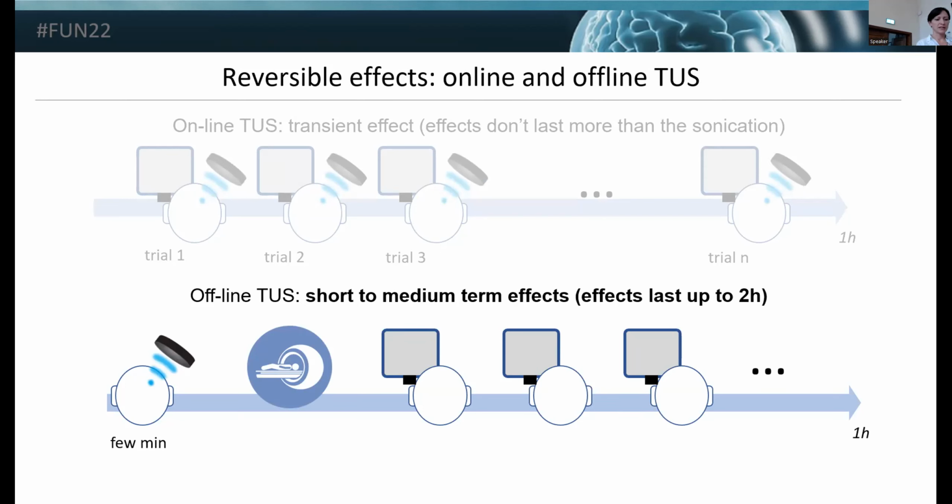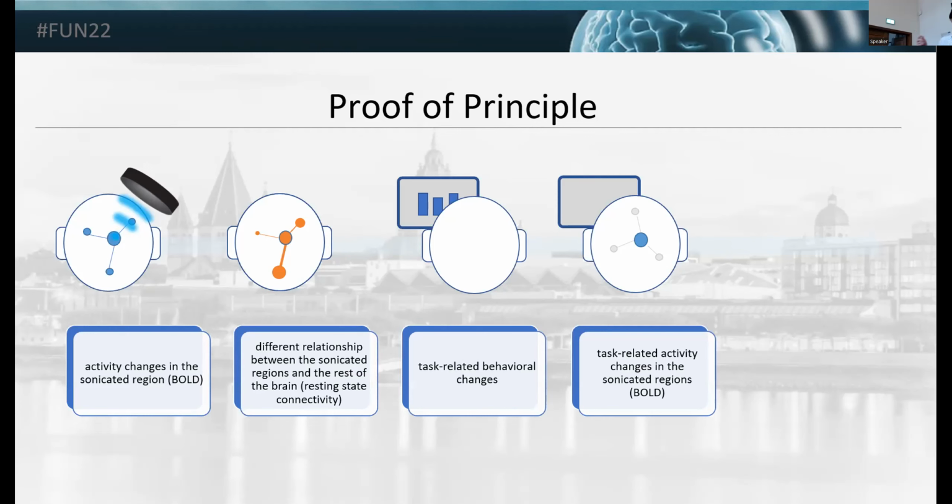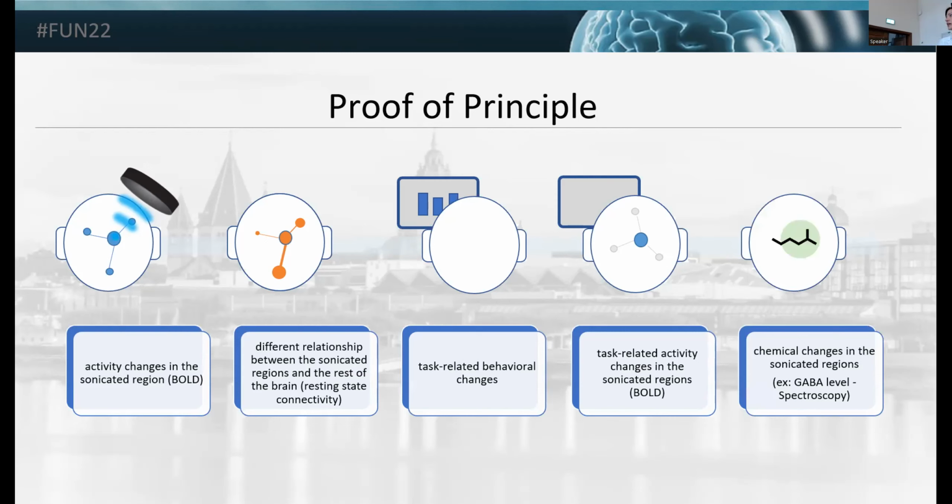And in this case, the network would be the functional network, which would be different than the resting state network. And another thing that you might be hoping to observe would be, for example, a chemical change in the neuromodulated region, for example, a GABA change with spectroscopy. So most of the studies that I will be presenting try to address those questions.